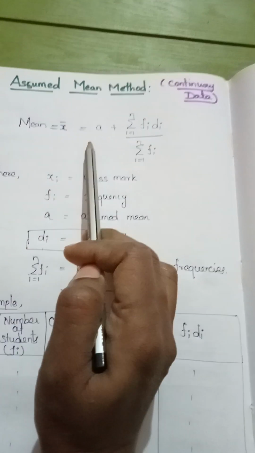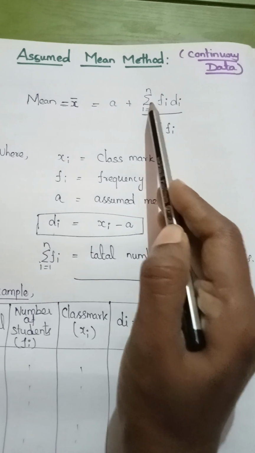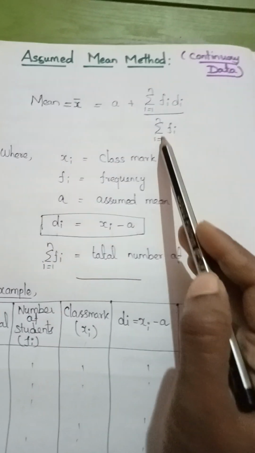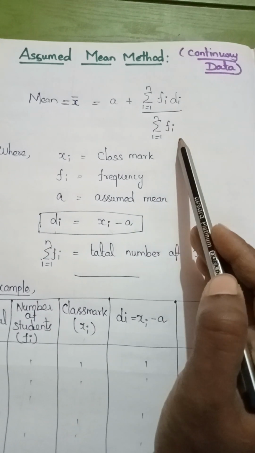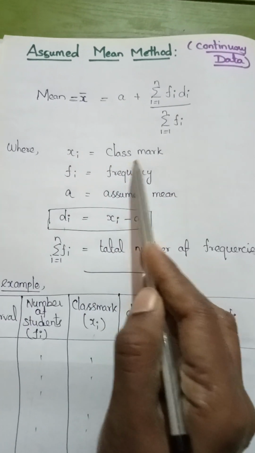Mean, x bar, equal to small letter a plus summation i equal to 1 to n fi into di divided by summation i equal to 1 to n fi, where xi is equal to class mark.